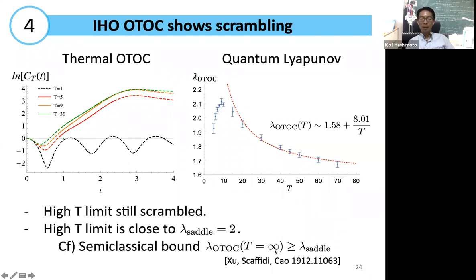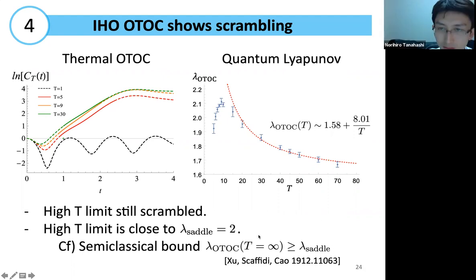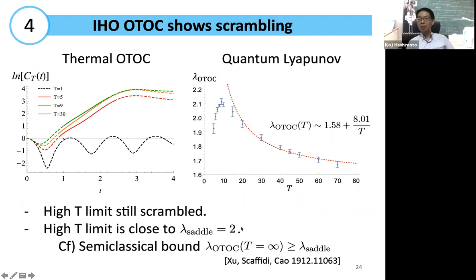The high temperature limit gives you this classical saddle. That's the argument. So thank you. The reason why this number is smaller than this number is that their argument is for the h bar goes to zero limit, but in our argument, h bar is still finite.